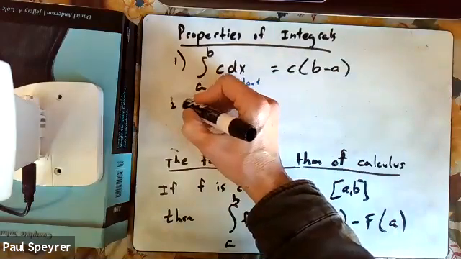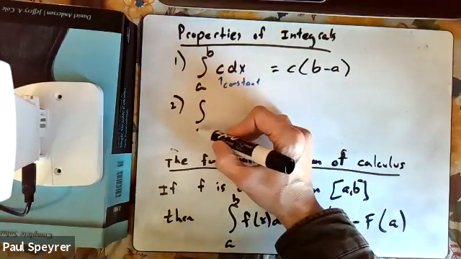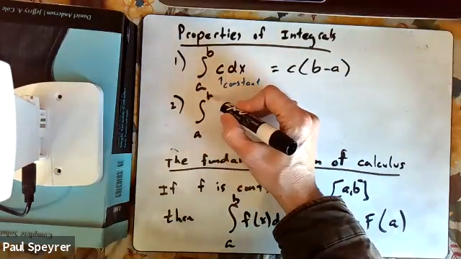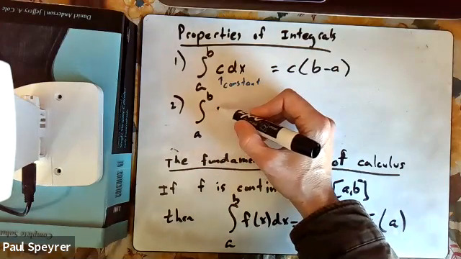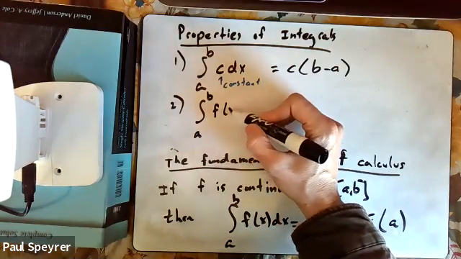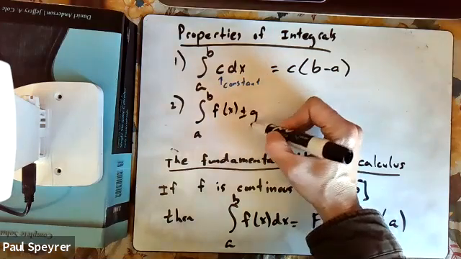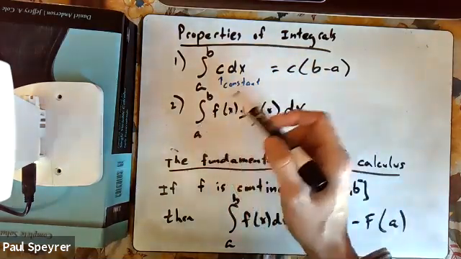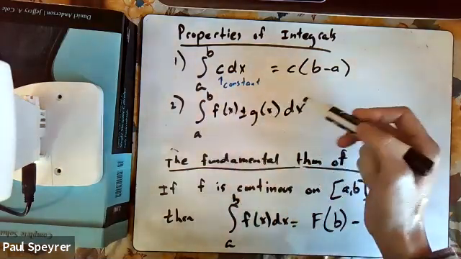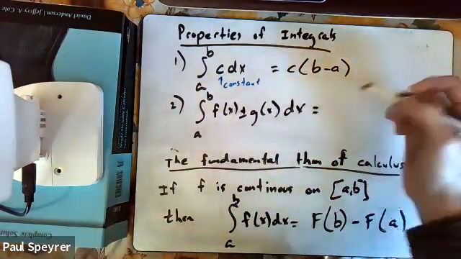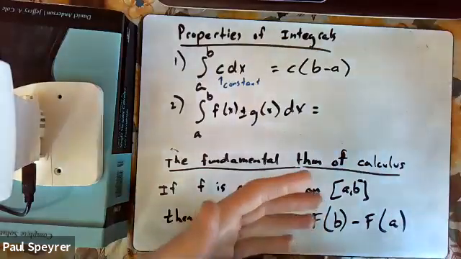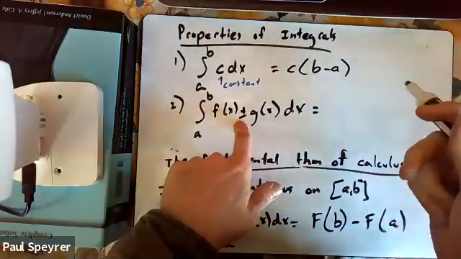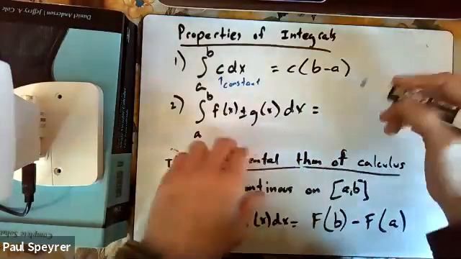The second one I mentioned before from the last section: let's say we're adding up or subtracting multiple expressions. So if we have this integral from a to b of f of x plus or minus g of x dx, you can split it. It's okay to split stuff when it's connected via addition and subtraction for integrating.